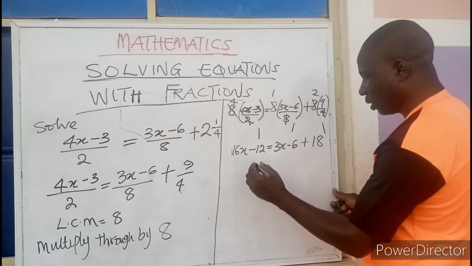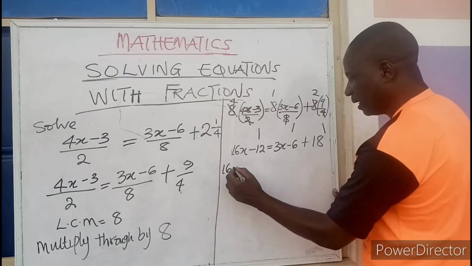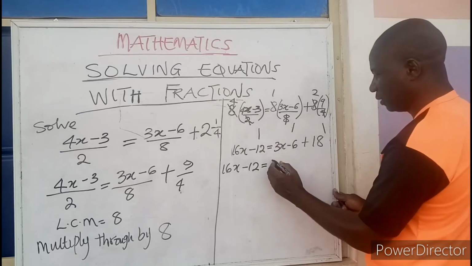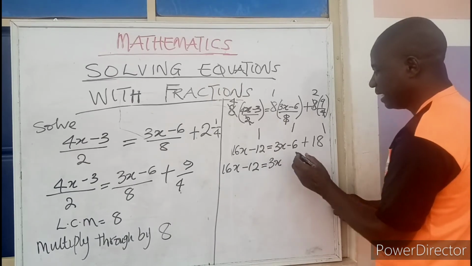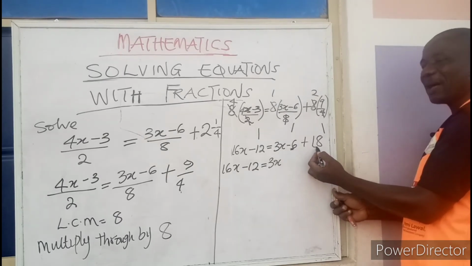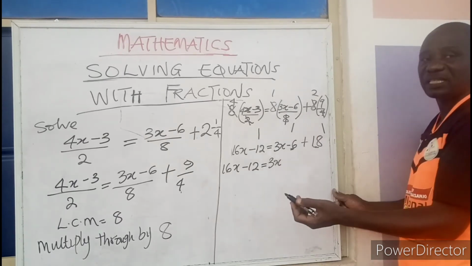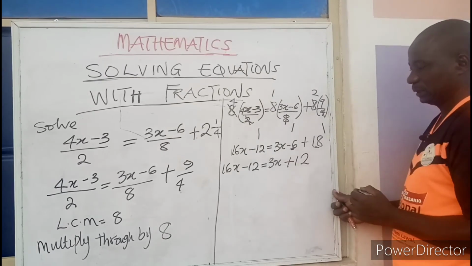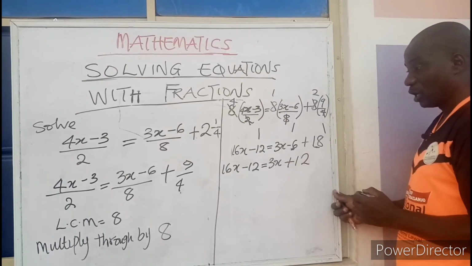Now, let's still continue. Here we have 16x minus 12 is equal to 3x. Here, I am owing 6 naira, but I'm having 18 naira. I can pay that 6 naira. I will be having 12 naira, plus 12. Are we there? Plus 12.